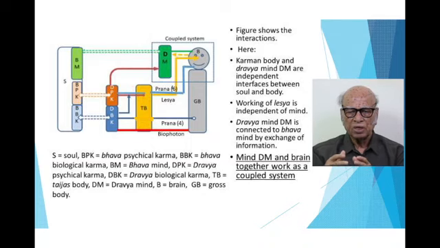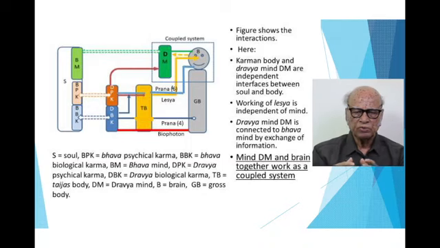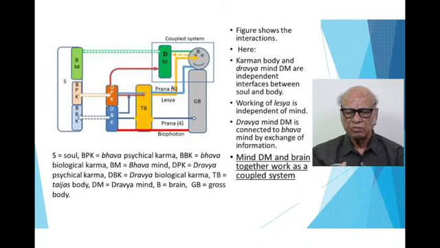So there is a flow of information from brain to Dravya mind because of leshya. You see the yellow dotted line. This represents that the leshyas do influence the Dravya mind or the mind. So mind is influenced by leshya, but the other way around does not take place. The mind does not influence leshya, but the leshyas influence mind. This is how I have shown the interaction here.